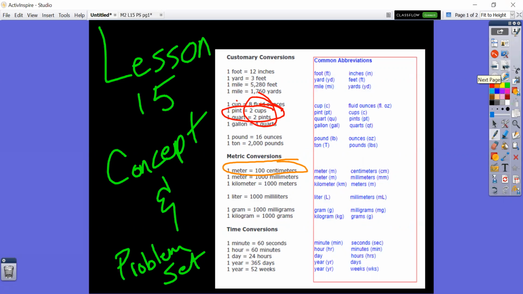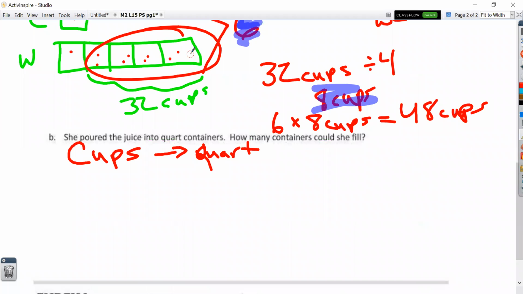Okay, that took a little bit of thinking because we had to go from cups to pints to quarts. Well, there's 2 pints, well, 2 plus 2 for cups. So it's 4 cups. All right, so let's go, whoops, wrong page. So we know each quart is 4 cups. So 4 to 1.